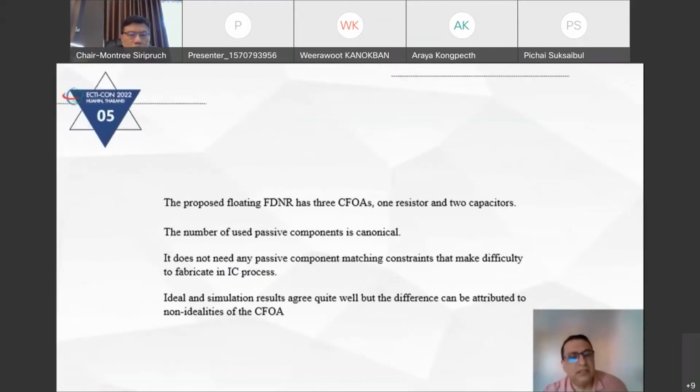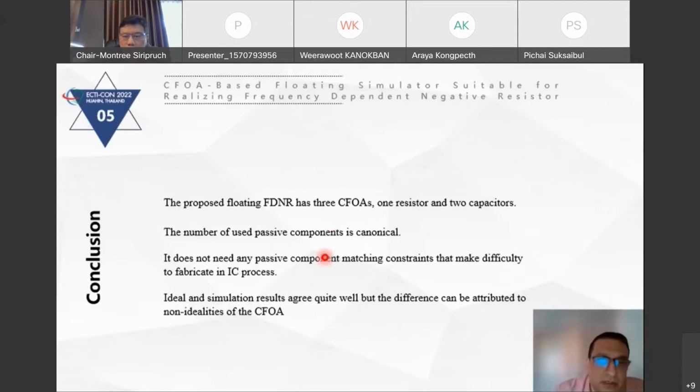Finally, as conclusion, in this presentation we proposed a floating FDNR composed of 3 CFOAs, only 1 resistor and 2 capacitors.